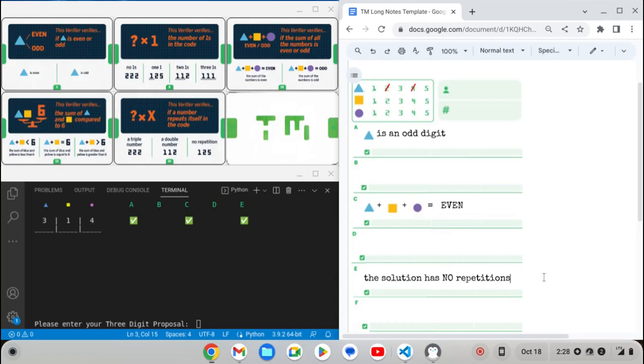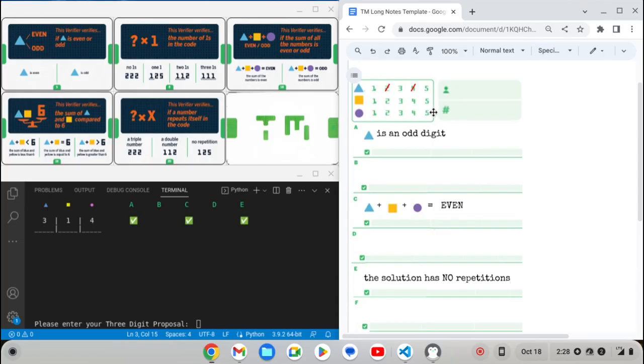So the first thing that I'll say is we got all 3 check marks. So is it possible that our solution is 314? Well, even though the first 2 digits might add up to be less than 6, I don't see anything in the criteria cards that would allow us to guess between circle being 2 or 4.